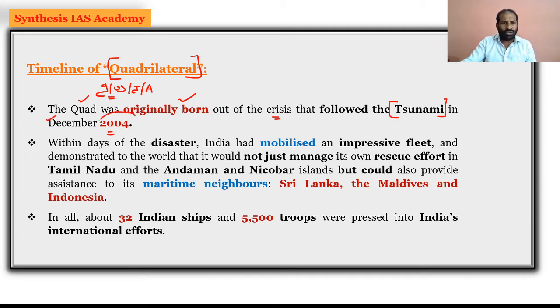In the year 2004, within days of the disaster, India mobilized an impressive fleet, demonstrating to the entire world that India can not just manage the rescue efforts in the badly hit Tamil Nadu, Andhra Pradesh, Orissa, West Bengal and Kerala, and very specifically the Andaman and Nicobar Islands, but could also provide assistance not only to the coastal states of India, but also to the maritime neighbors of India, that is Sri Lanka, Maldives and Indonesia.